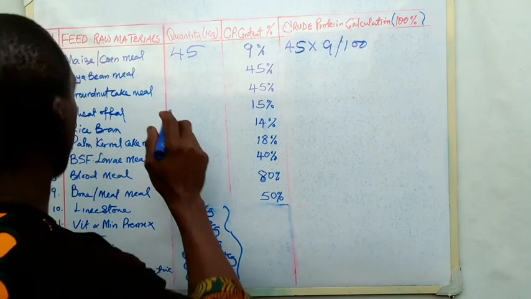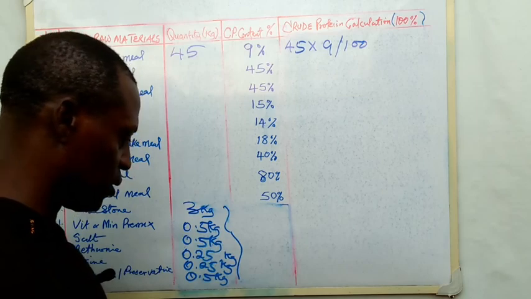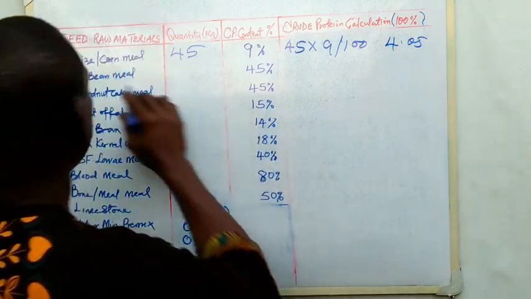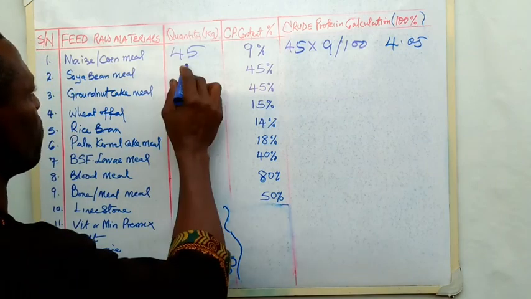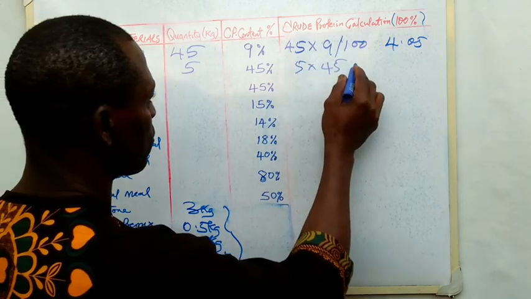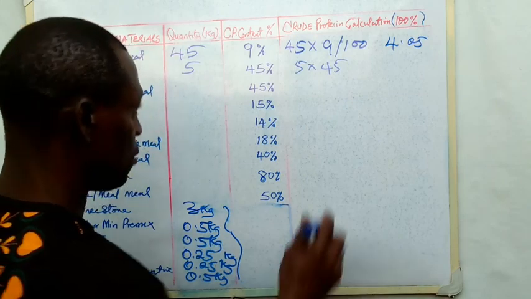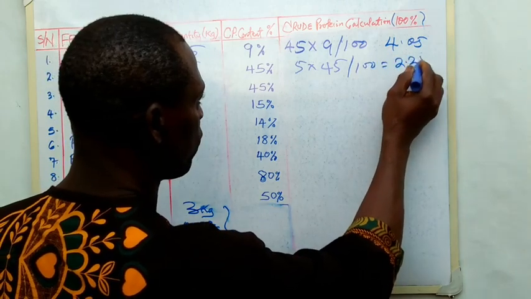Now, this will give us 4.05. The next one is soya bean. Soya bean is, we're using 5% here. 5 times 45 divided by 100, which is equal to 2.25.